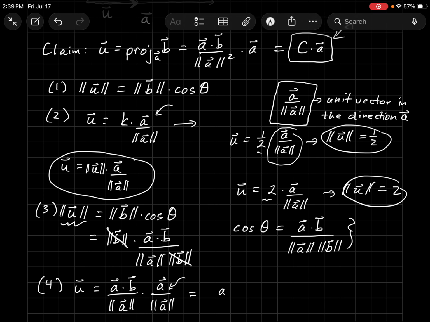So we get A dot B over the magnitude of A squared times A, which just means U is some multiple of A, which is kind of where we started up here when we were doing the claim.